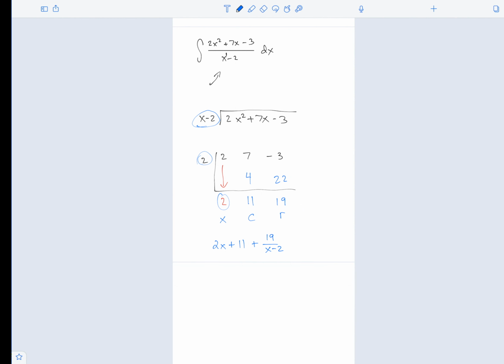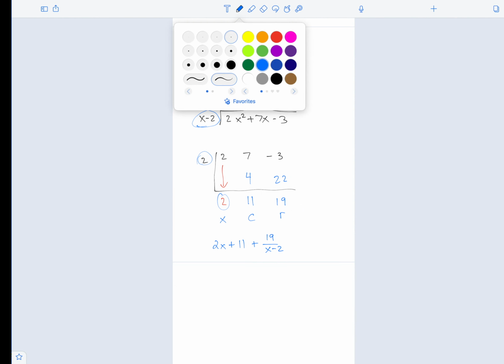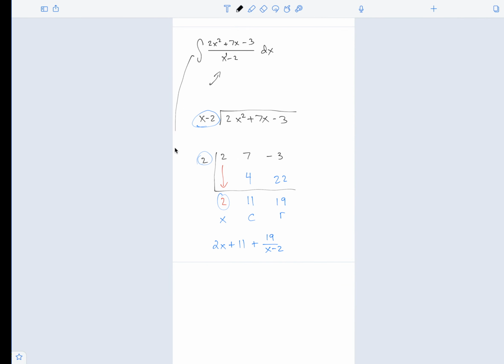So what have I really done? Well, I took the original problem and I just rewrote it in a way that might be a little easier to dance with. So why do we like this?